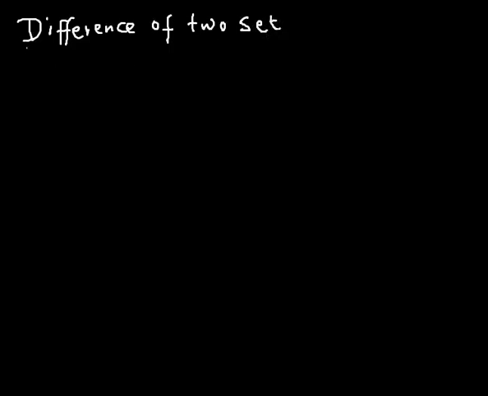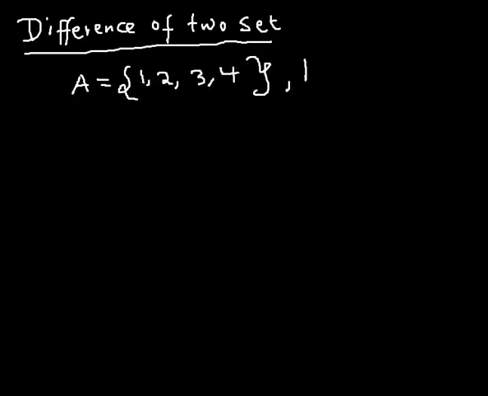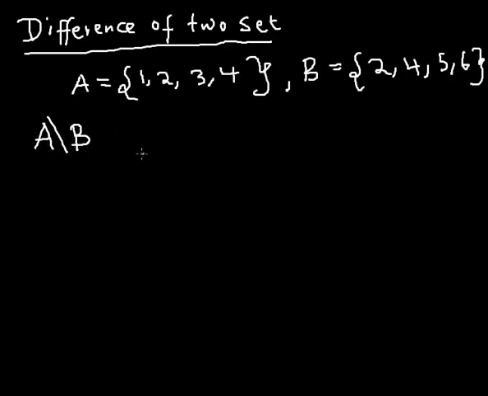For example, let's say I have set A equal to {2, 3, 4}, and set B, let's say {2, 4, 5, 6}. Now the symbol for difference is A slash B. It's like saying A minus B. So difference, that is A difference B, or invariably I'm subtracting B from A.